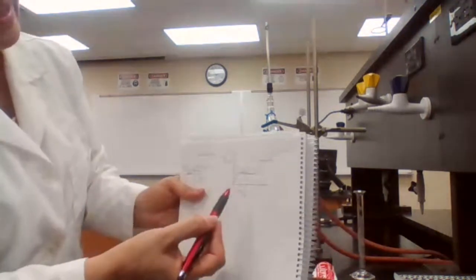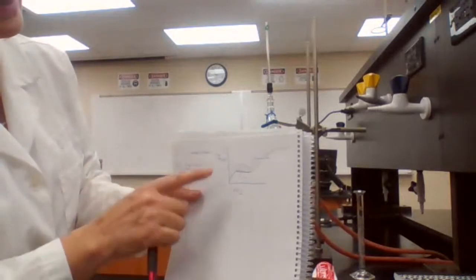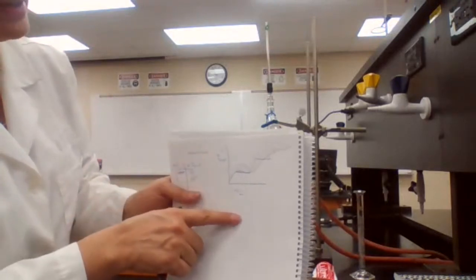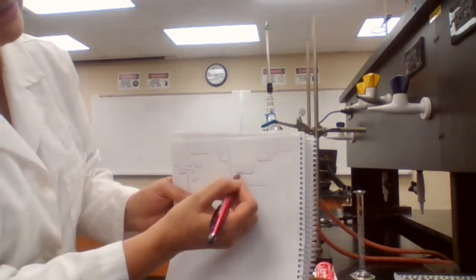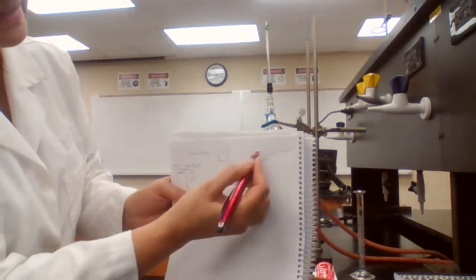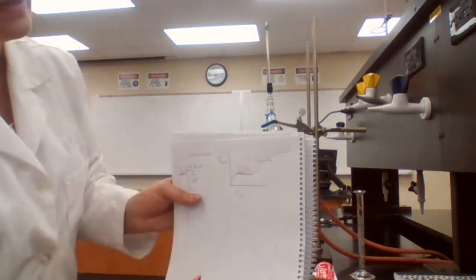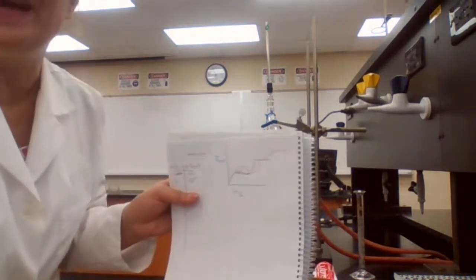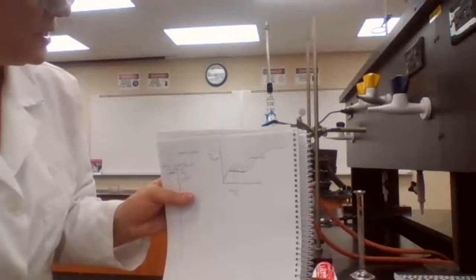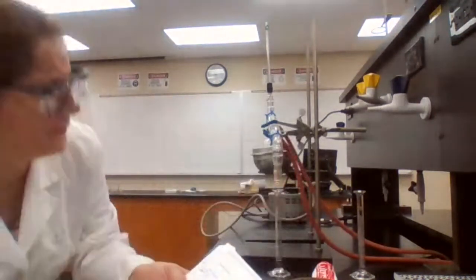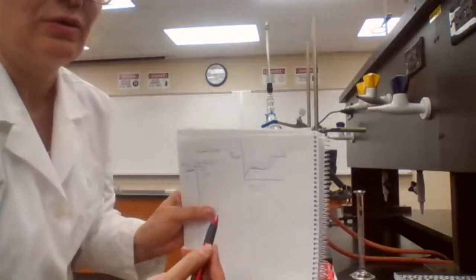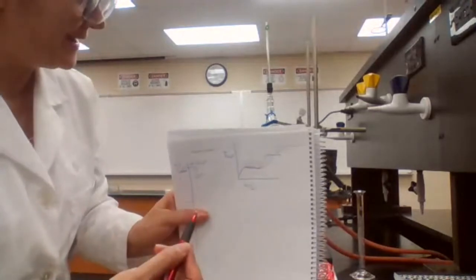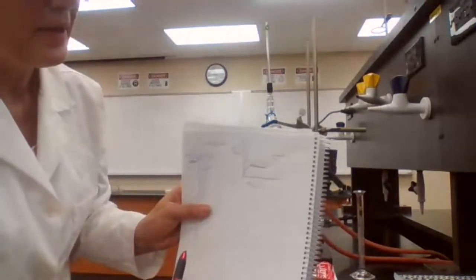So comparing the graphs that you have for both simple distillation and fractional distillation to this blue curve for perfect distillation, the closer the shape of your graph is to the perfect graph, the more efficient, or the better, your distillation technique is.